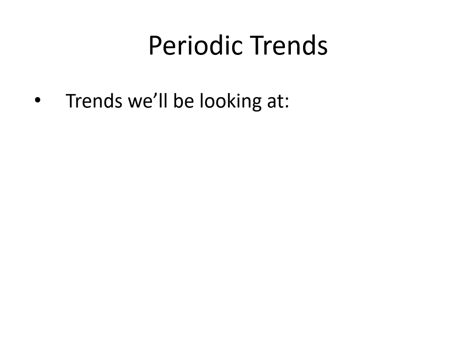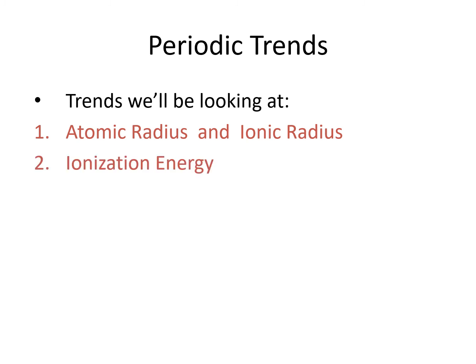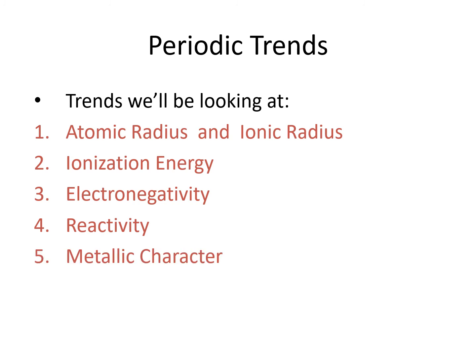The periodic trends that we're going to look at are atomic radius and ionic radius, ionization energy, electronegativity, reactivity, and metallic character. So 5 periodic trends that you should be able to answer questions about. And I'll give you some examples in a handout or a worksheet that I have for you. You won't be turning it in, but it helps you take a look at what those trends are.